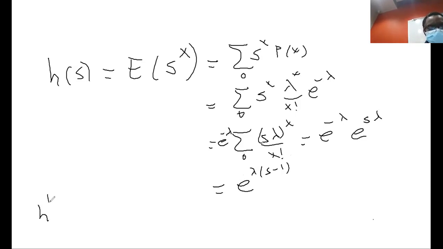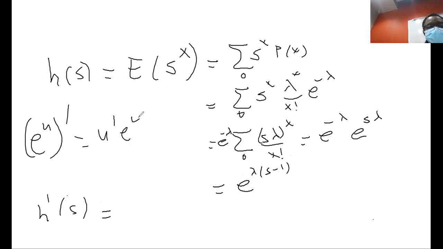So then we find h prime of s to be equal to the derivative of what is in the exponential. Remember that e to the u prime is u prime e to the u. So the derivative of s minus 1 is 1, so we have lambda here.